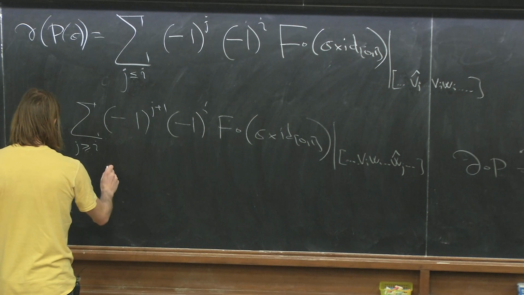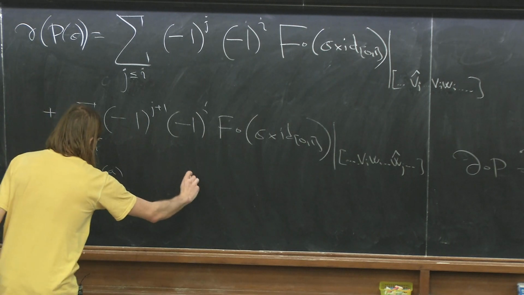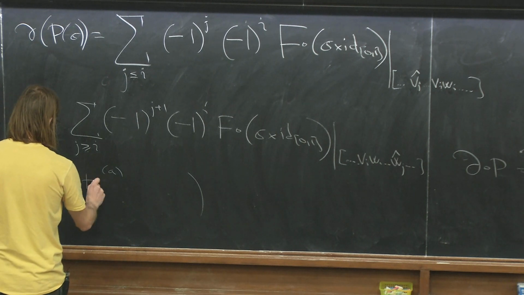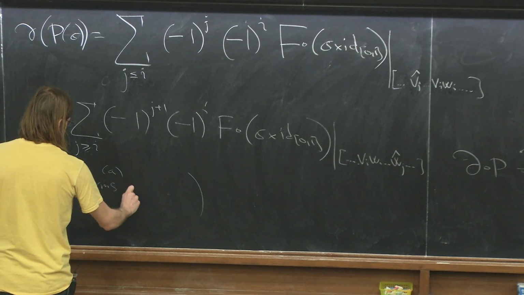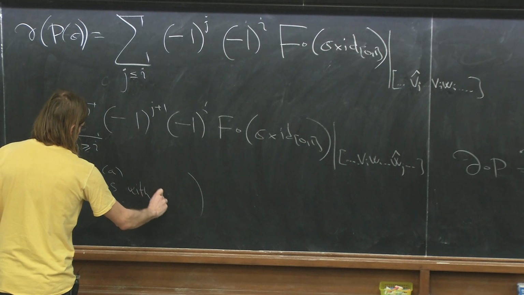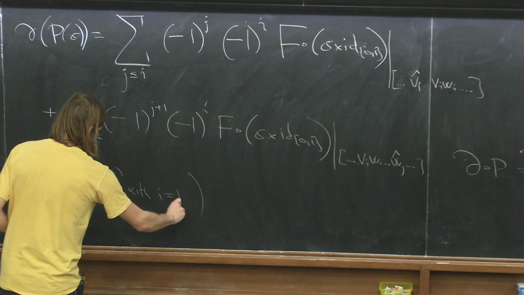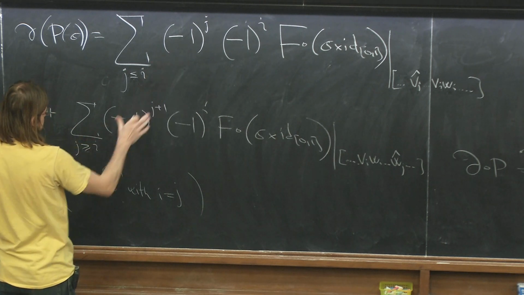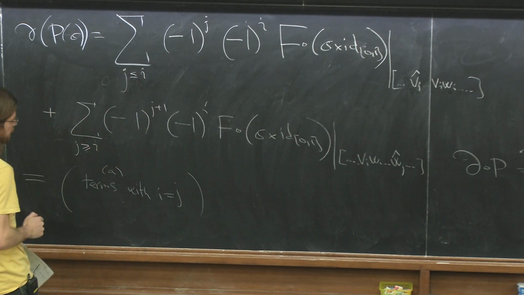So let's consider first term A, and this will correspond to the sum of the terms with i equal j. You get a contribution from this and this when j equals i.